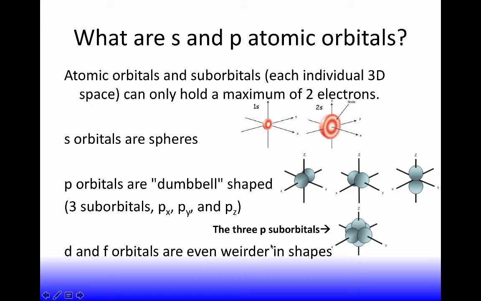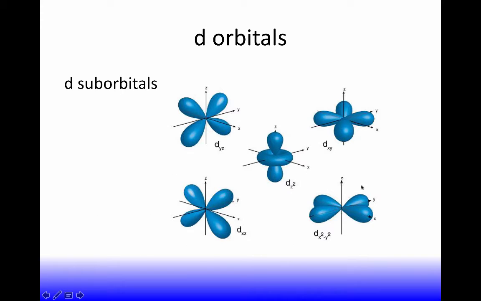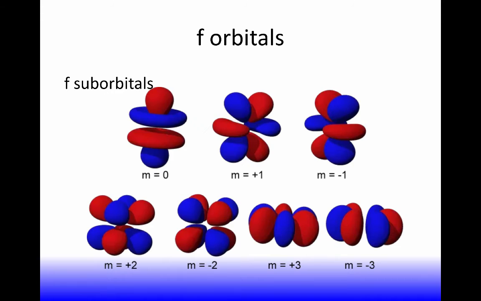Now, D and F orbitals are even weirder. So there's actually 4 types of orbitals, S, P, D, and F. Each S orbital can only hold 2. There's 3 suborbitals for P. They can hold up to 6. D has 5 suborbitals. Each can hold 2. So D orbitals total can hold 10. And F suborbitals, there's 7 different shapes.